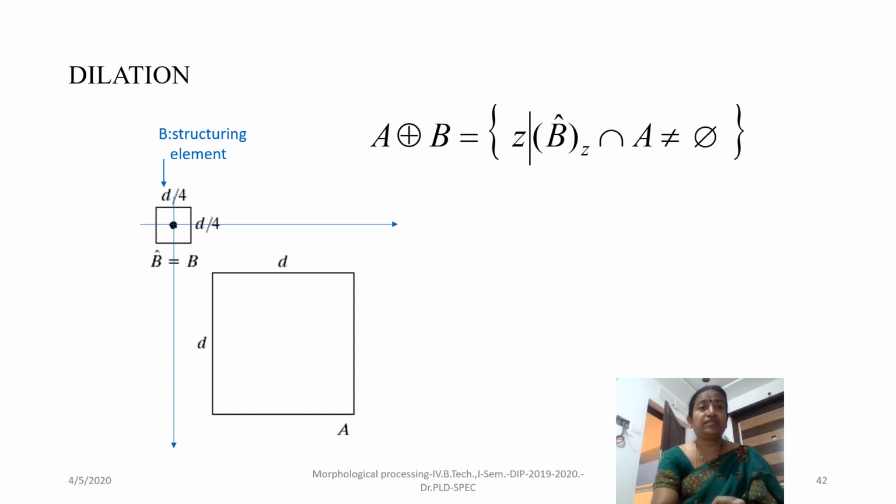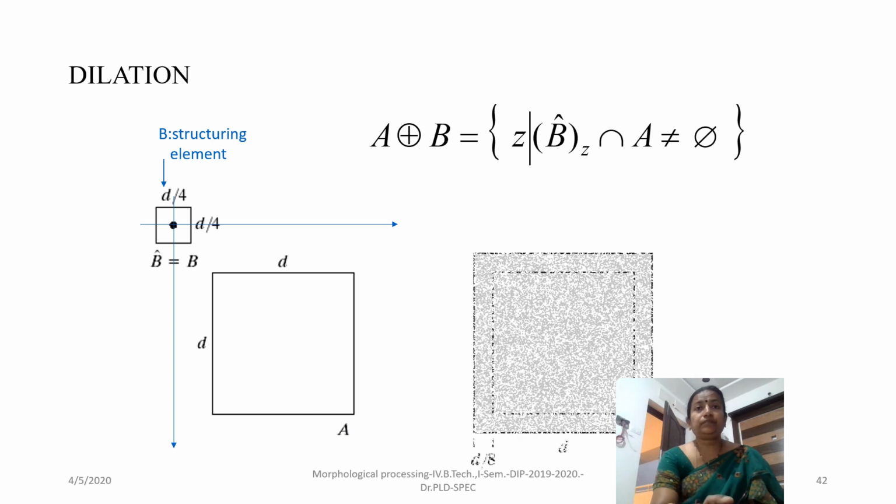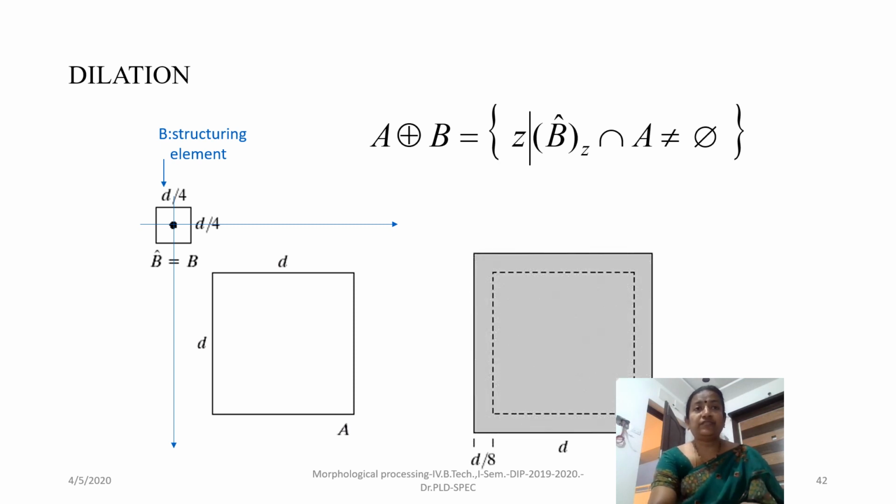The size of the structuring element is D by 4, D by 4. If the input image is a square of size D, then D by 4 is a quarter of the size. If we perform dilation with the structuring element over the input image, moving it around the corners, the center pixel of the structuring element is marked as a border, which is the dotted line around the original input image.